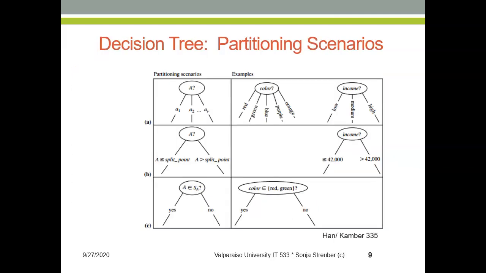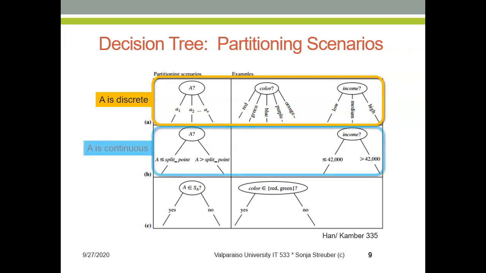Now, the data type in our class attribute does influence how our decision tree makes its partitions. So, for example, we could have a categorical attribute as our class attribute, and then we would have a discrete partitioning scenario, which we're seeing here with our color and our income example.